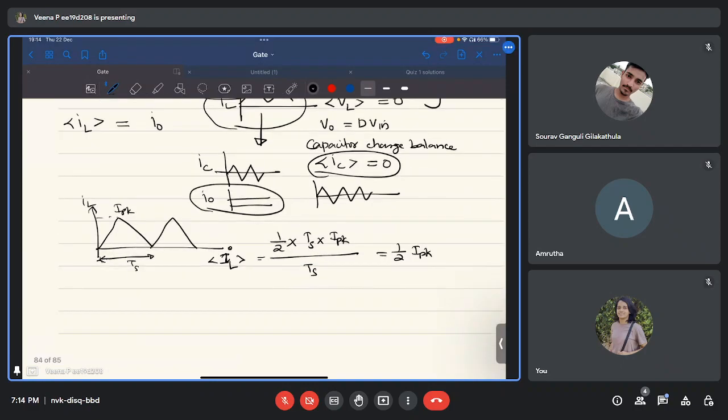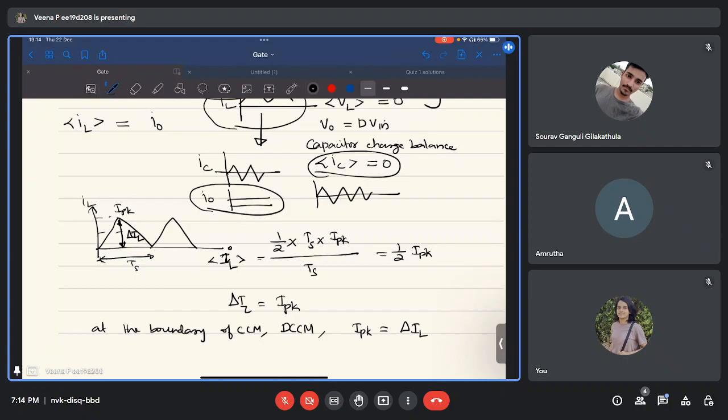Now you know that the peak to peak ripple current, let it be delta IL. So delta IL is the same as what, from the figure? It is the same as the peak current. So at the boundary of continuous conduction mode and discontinuous conduction mode, the peak value of inductor current will be the same as the peak to peak ripple of the inductor current.